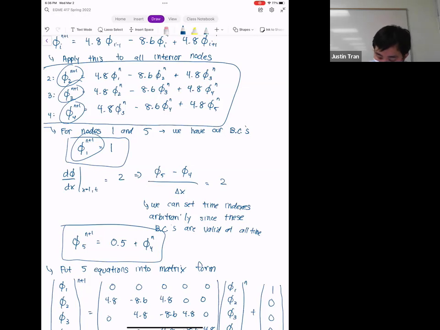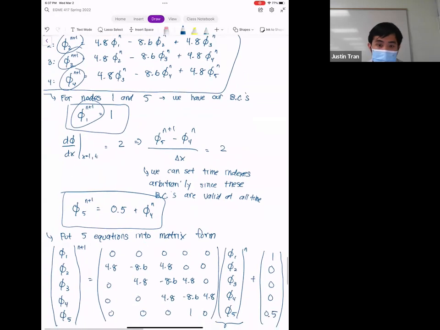We could have put n on both of these, and technically that wouldn't be incorrect because this boundary condition is valid at all times. But I wanted to manipulate this such that I get a term with phi 5 n plus 1 so that it can fit together with everyone else. That's why I put n plus 1 on the phi 5 and an n on the phi 4.